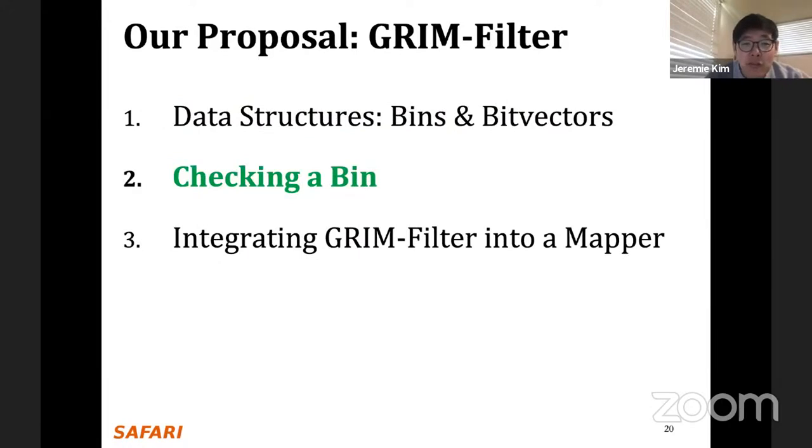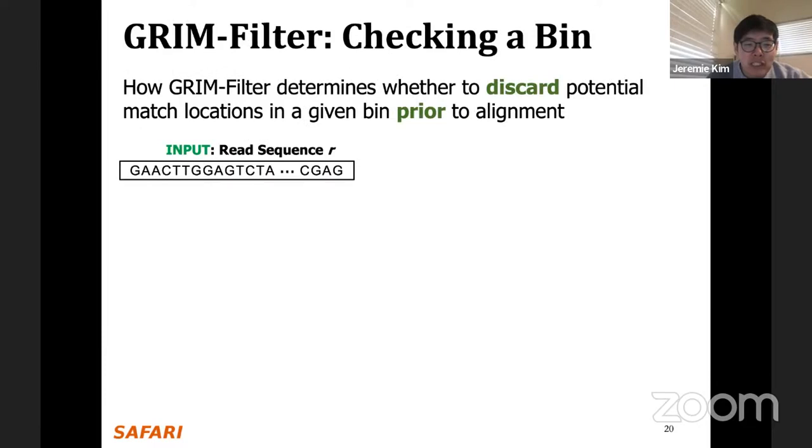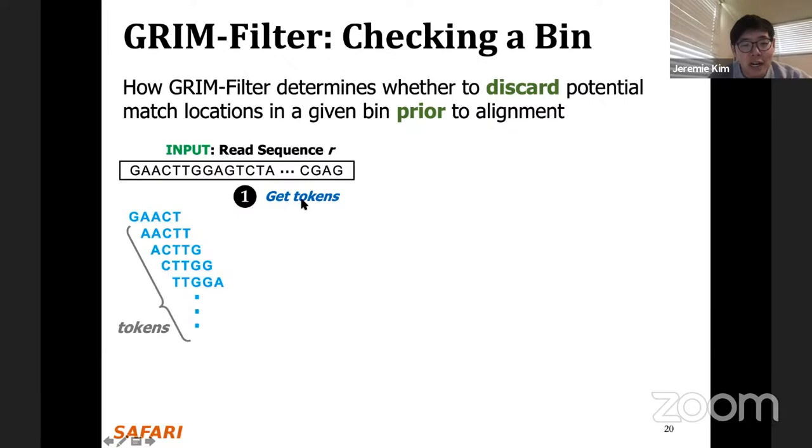So now let's talk about how we would go about checking a bin for existence or possible existence. So we have the read sequence here, and we first try to extract all the tokens from the read sequence. So this is all the overlapping tokens here of size 5. So we see that we're just extracting them. And then we basically want to see how many of these tokens exist within a bin of a particular location in the reference.